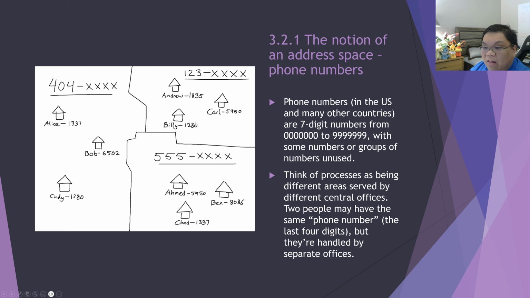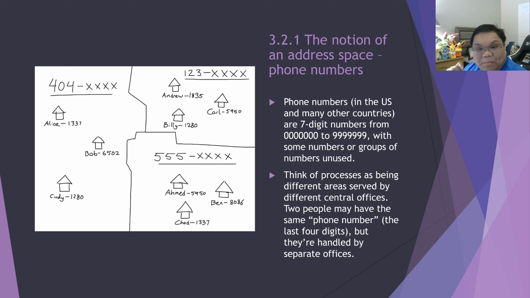If I wanted to call Billy, I would punch in the first 3 numbers, the number of the central office, and the next 4 numbers are Billy's phone number. If I wanted to call Cindy, I would call another central office using the first 3 digits, and then 1280 to call Cindy after that.